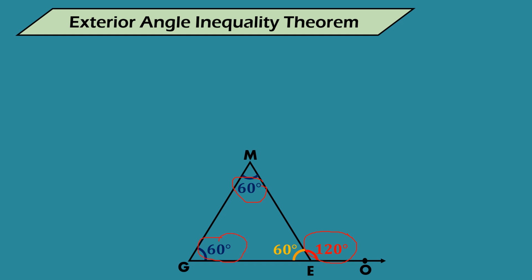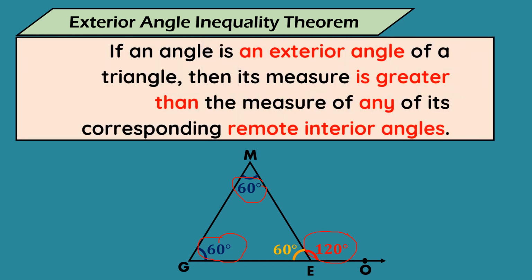As you can observe, the measure of the exterior angle is always greater than any of the measures of the two remote interior angles. And this is what the exterior angle inequality theorem states. It states that if an angle is an exterior angle of a triangle, then its measure is greater than the measure of any of its corresponding remote interior angles.